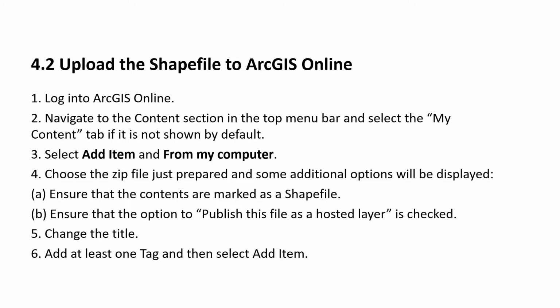Ensure that the contents are marked as a shapefile, and ensure that the option to publish this file as a hosted layer is checked. Then you can change a title for your file. For example, you can use Tutorial8, and then add at least one tag, and then select Add Item.